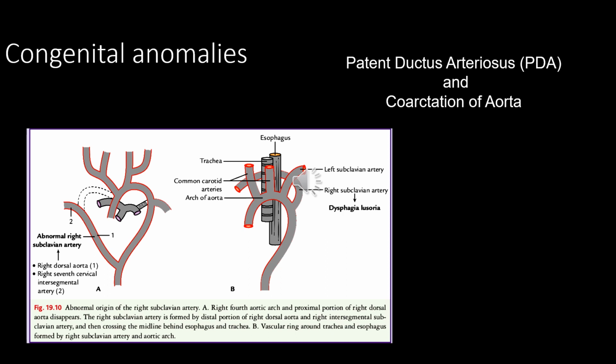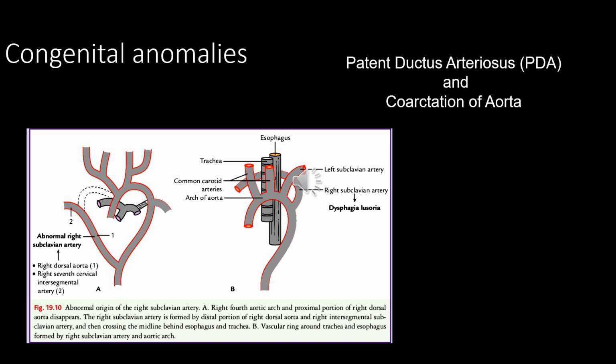The other congenital anomaly is the PDA, or patent ductus arteriosus. The ductus arteriosus is in fact a shunt mechanism during the fetal circulation. Whatever blood is entering the right ventricle is shunted into the pulmonary trunk and beyond to the lungs.